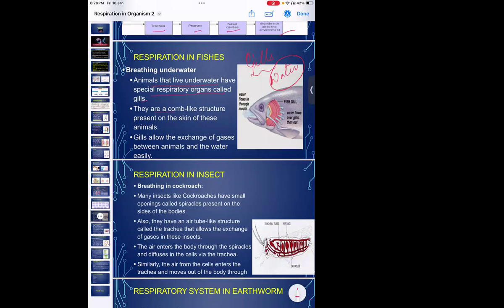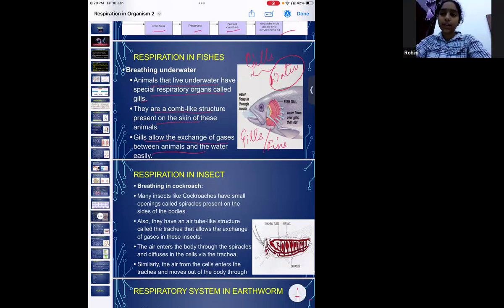And gills, what are they? They are complex structures present on the skin of animals like fishes. With the help of the gills, the exchange of gases takes place. Now, children, what is the difference between gills and fins? Are they the same? Are they different? Ma'am, gills are the breathing organs, whereas fins help in the movement of the fish.